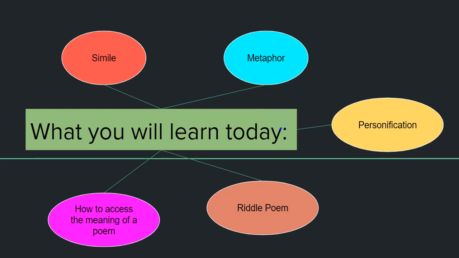In this presentation, you will learn about first, simile, second, metaphor, third, personification, fourth, riddle poem, and the last one is about how to access the meaning of a poem.